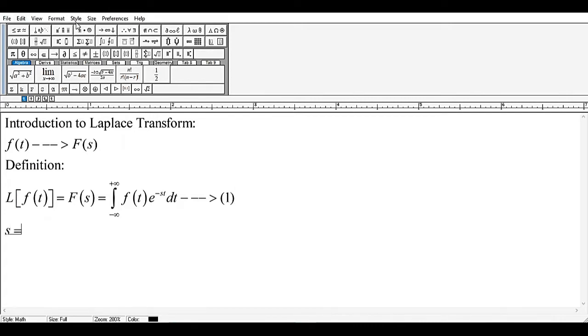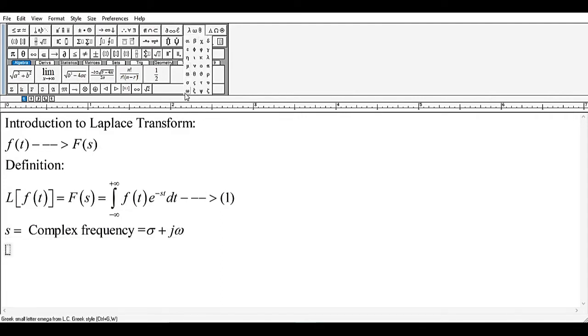As discussed before, s is the complex frequency and it comprises two parts, sigma and omega.